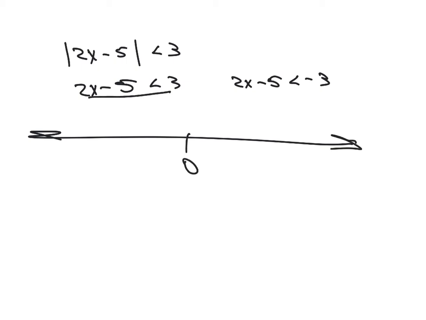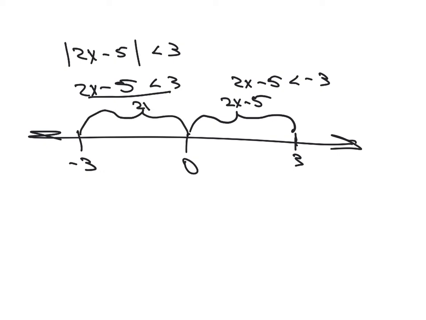We're saying that 2x minus 5 is less than 3 units away from 0 on the number line, and it could be left or right.